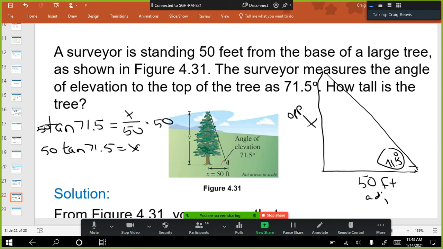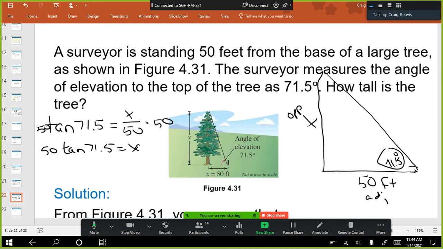All right. If somebody asked you how tall that tree is and you said, oh, it's 50 tangent of 71.5, nobody would know what you're talking about, right? So you do need to go to your calculator. Now, make sure when you have a calculator, calculators can measure angles in degrees or radians. And obviously, this is in degrees right now. We'll start using radians more often, but right now you need to hit your mode on your calculator and make sure it is in degree mode, which this one is.